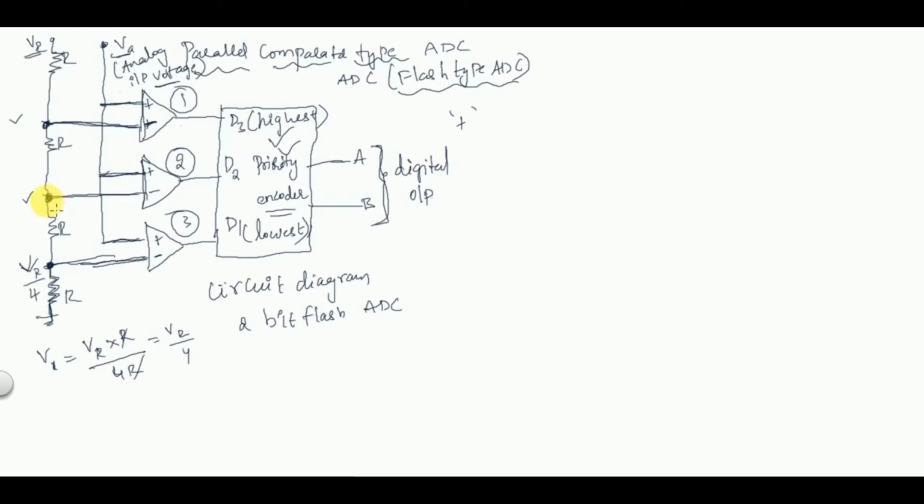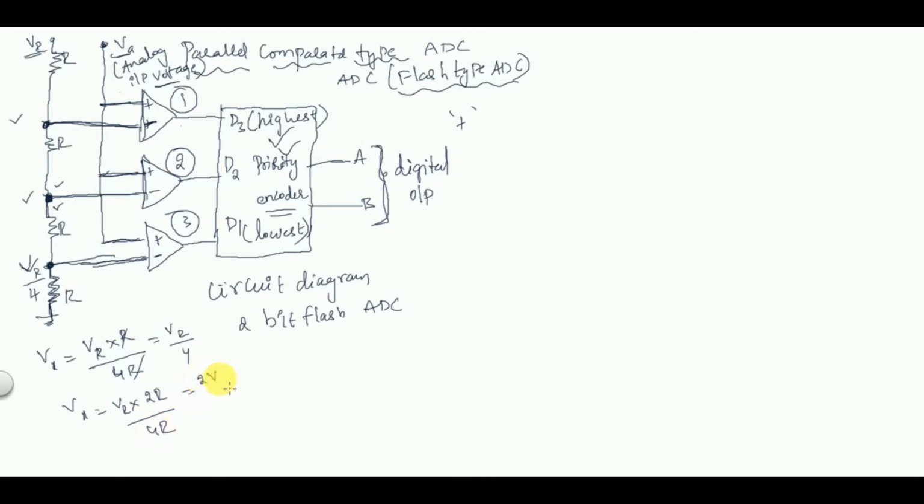And if you want to calculate the voltage at this point, the resistance will be 2R, right? So R plus R. At this point the unknown voltage is VR into 2R divided by 4R.